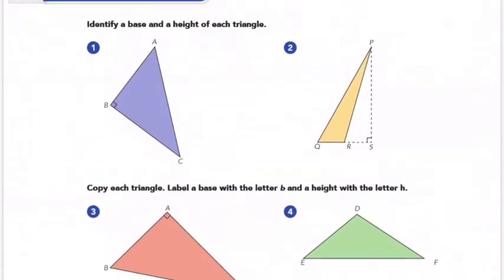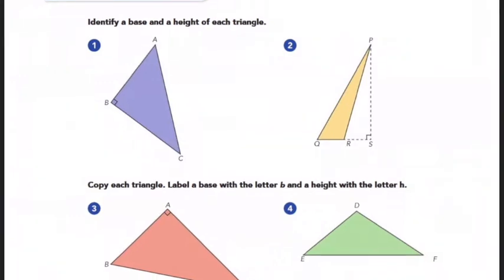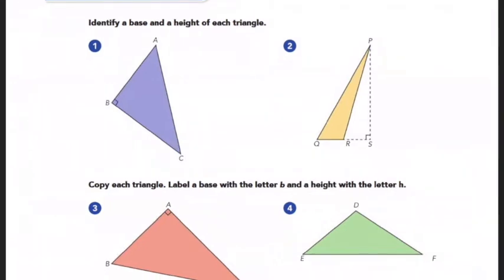All right, so for these, what I'd like you to do is you don't need to copy anything. What you're going to do is identify the base and height of each triangle. So I'm going to show you how to do the first one, and then you guys can just try the rest on another piece of paper. Okay, so for the first one, the first thing I do is I circle the right angle.